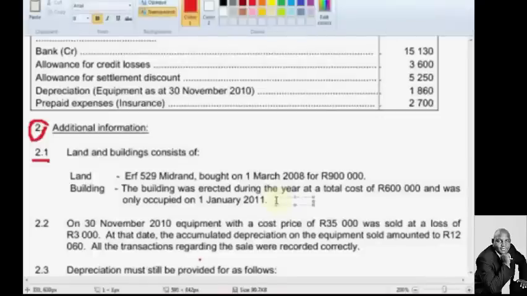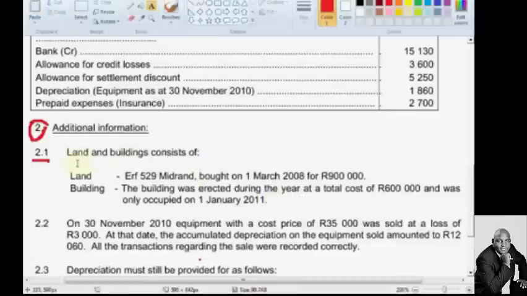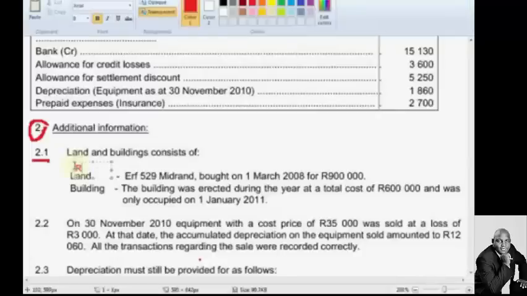So what we need to do here is take, I'll put it up here just to save space, we know that we had 1.5 million. We know that much.